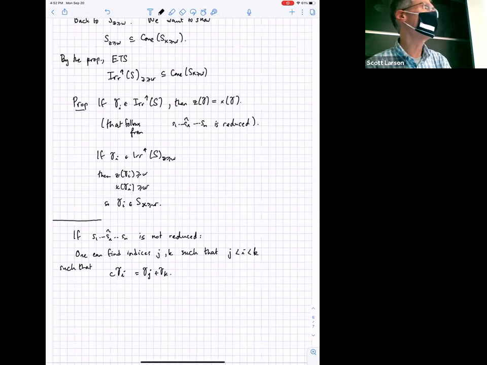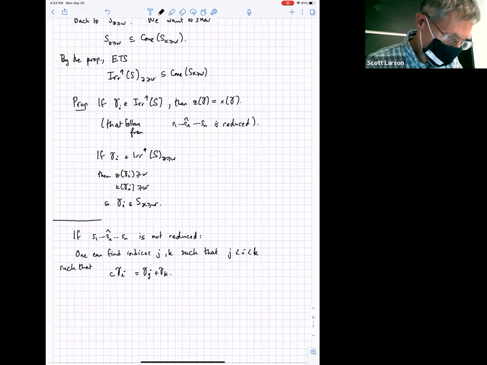This is close to the kind of thing you find in Humphreys, where he's talking about exchange conditions and this kind of stuff. But if you have this condition, you can find indices j and k such that this is true.